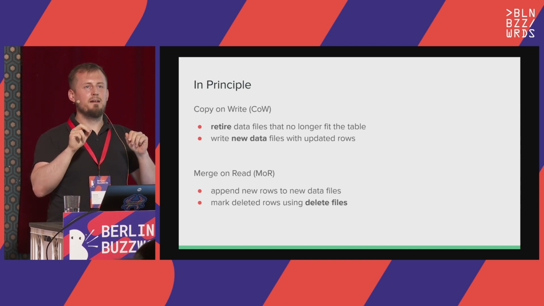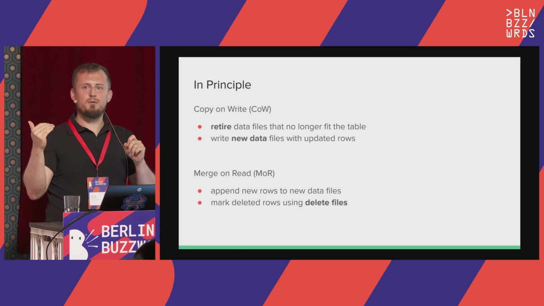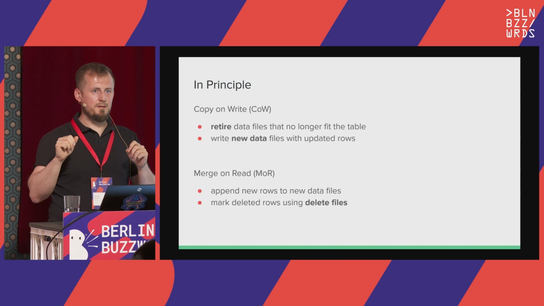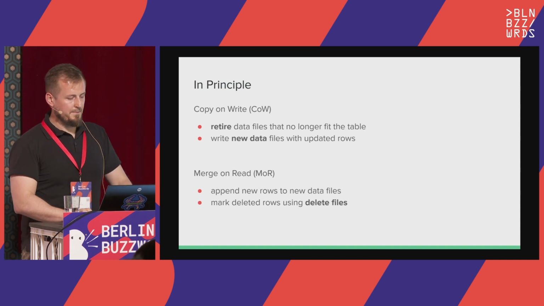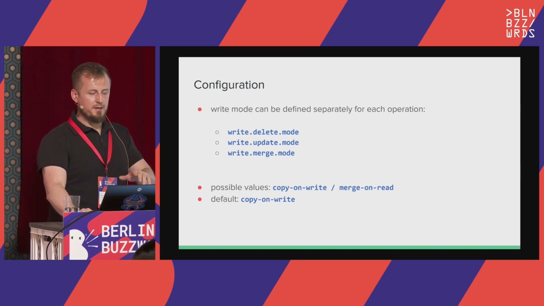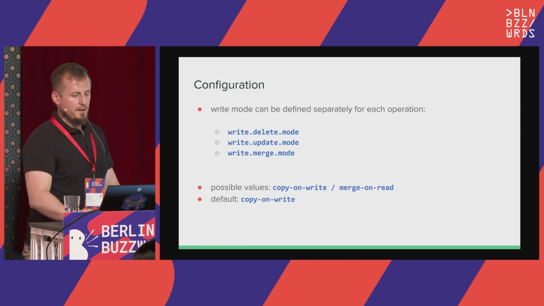So in that delete file, it just mentions that in this particular data file, those positions are no longer part of the table. So it is like marking rows for deletion. It leaves the original files intact. This can be configured separately by the type of the operation, and the default value is copy on write.